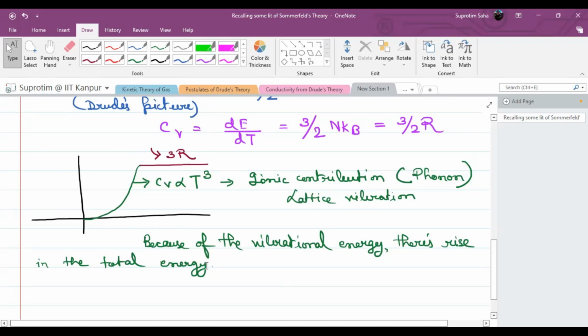That's the most important part, and that is happening because of the ionic cores, because they're involved in the energy redistribution. All right. So as this total energy increases, the ionic cores will contribute to the specific heat.